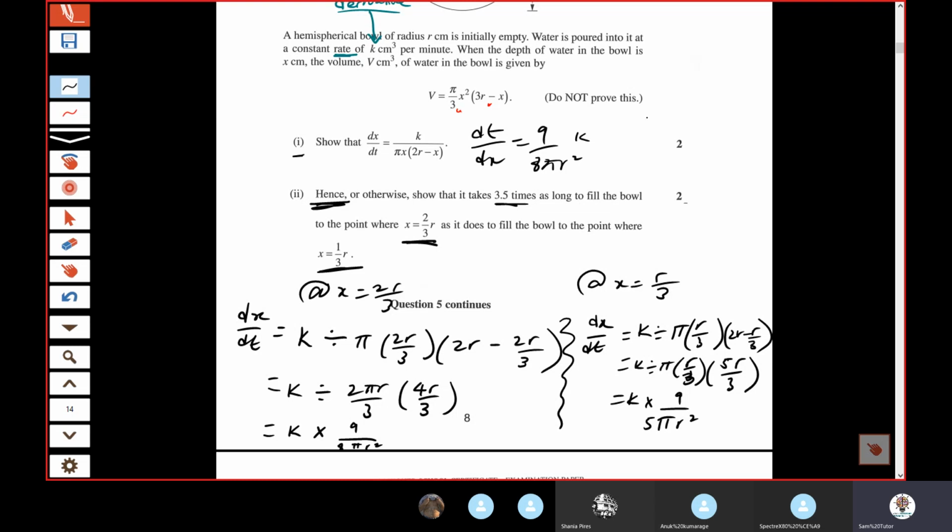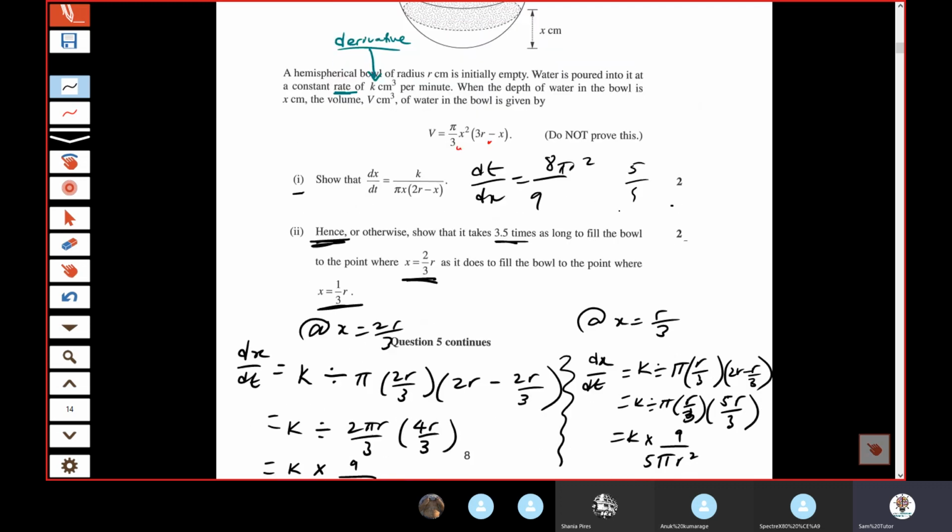Okay. No, the other way around. 8 on 1 pi squared. And 5 on 9. No, still not right.